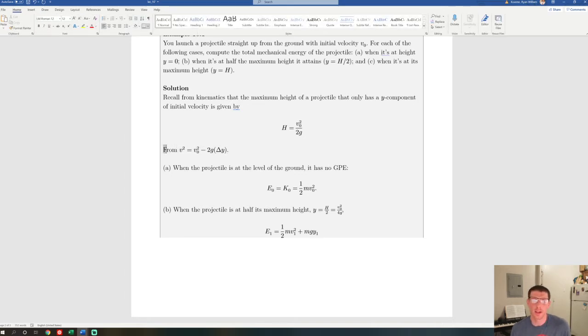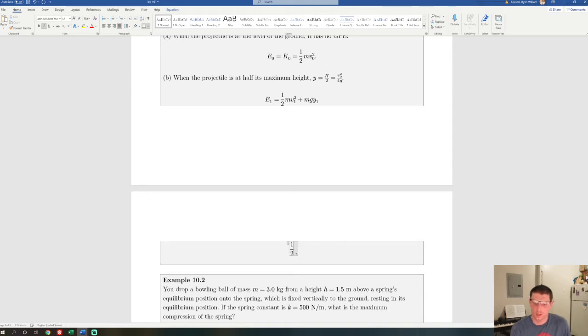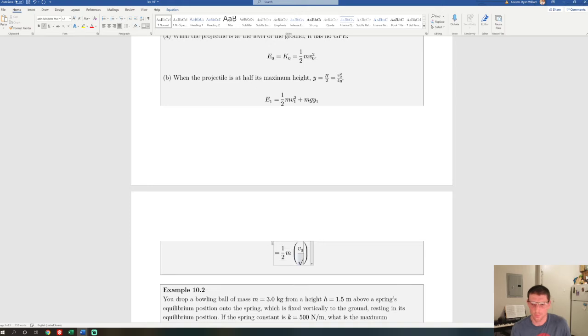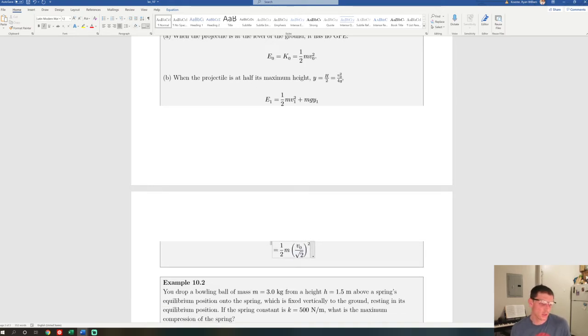This is how you would find that, and this is how you would also find what I'm about to say, which is that at half the maximum height, the speed is going to be v naught over the square root of 2. And then we have to remember to square all of this.